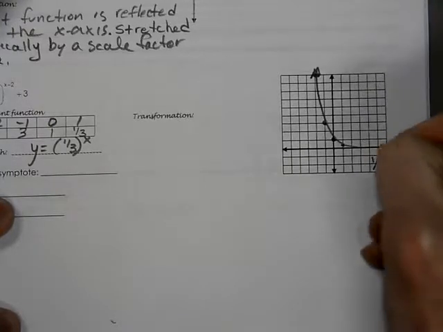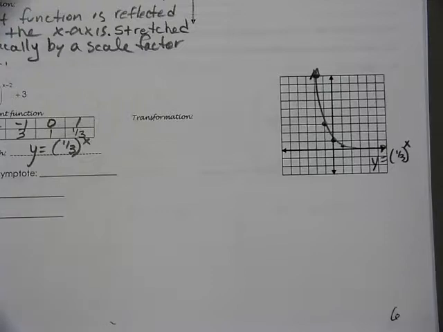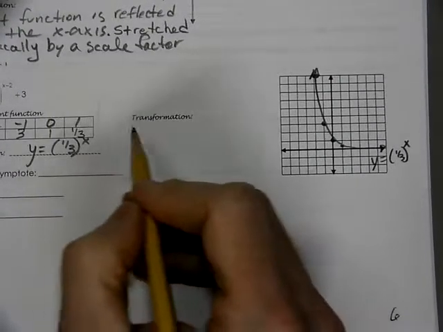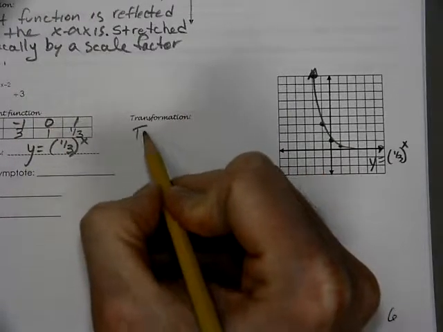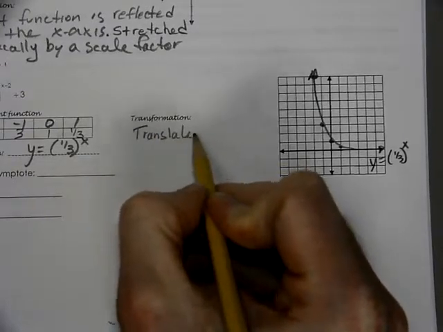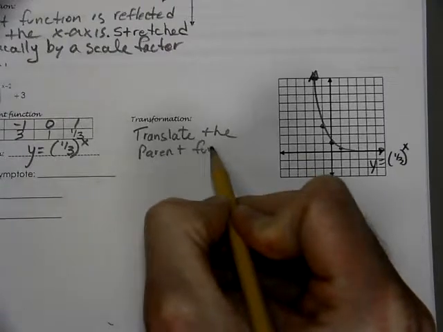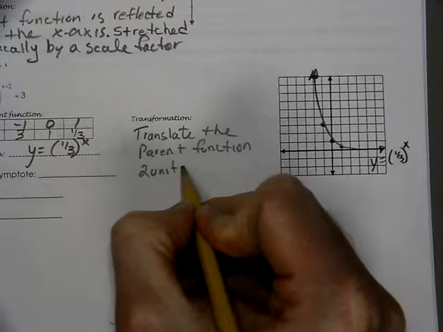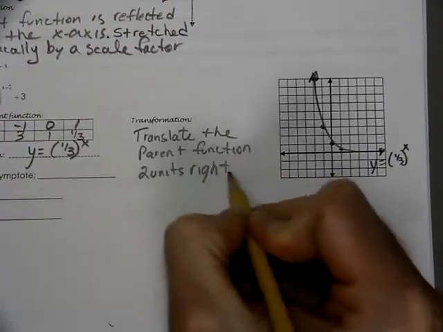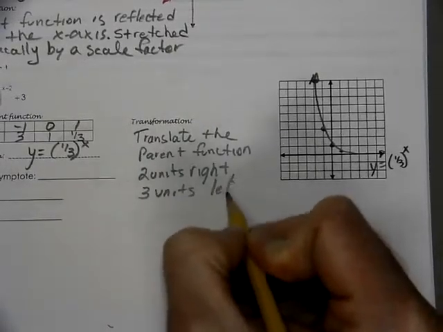So we're getting y equals 1/3 to the x power. So with our transformations, we are going to translate the parent function 2 units right, because it's a -2, and 3 up, because it's a positive 3.